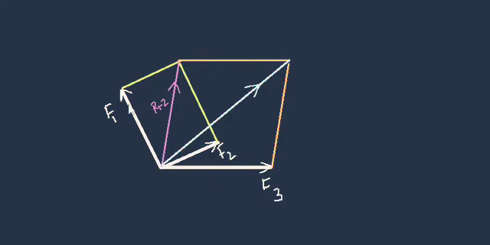So first you find a resultant of F1 and F2, that is R12, and then you find the resultant of R12 and F3, that will give you the net resultant R123.